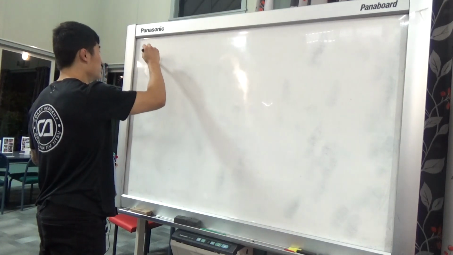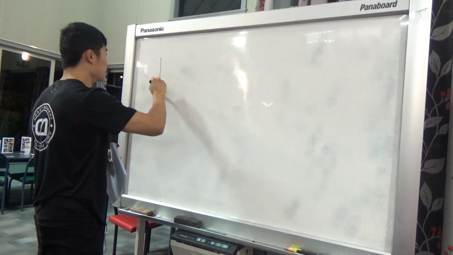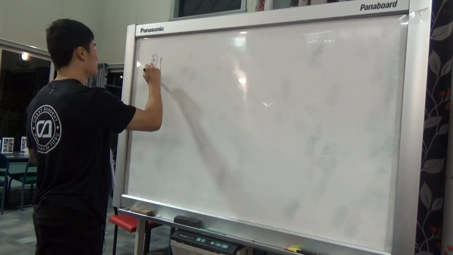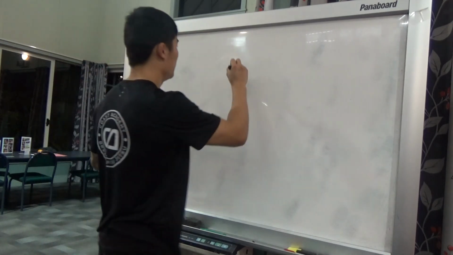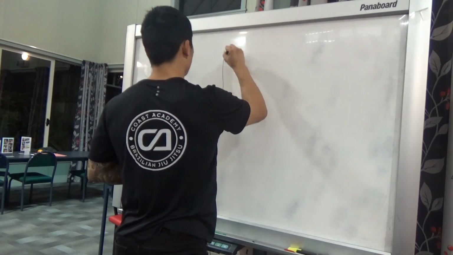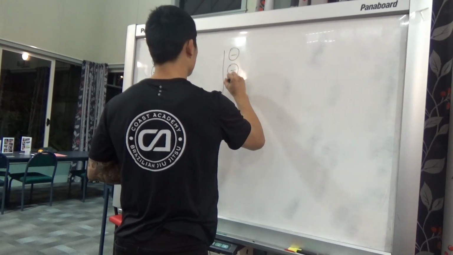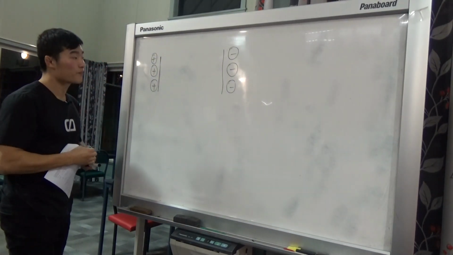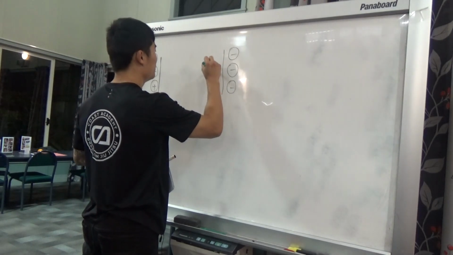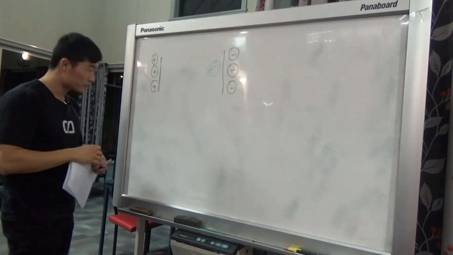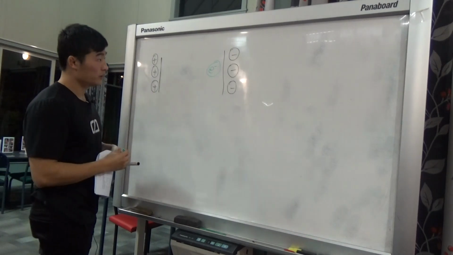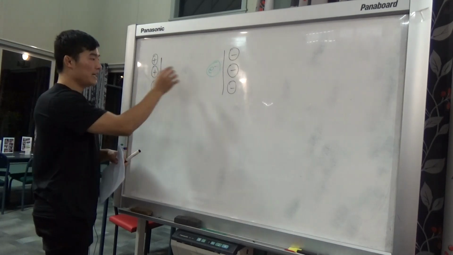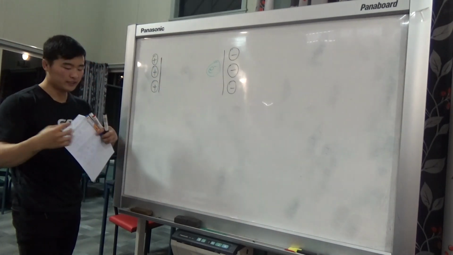So you have one side that is positive, and another side that is negative. Okay, and you're going to have electrons. If you have a positive plate and a negative plate, that's a potential difference, right?